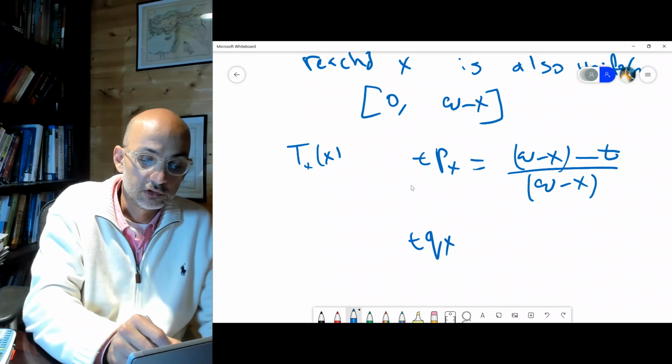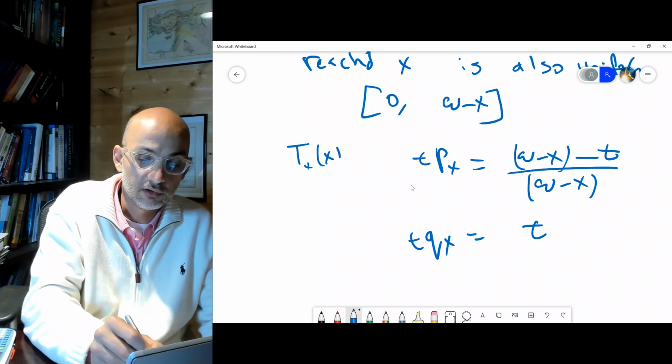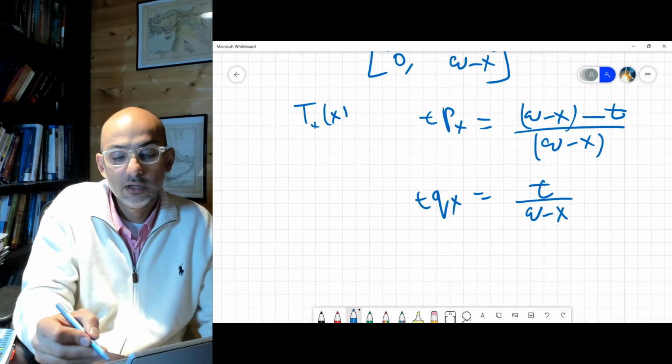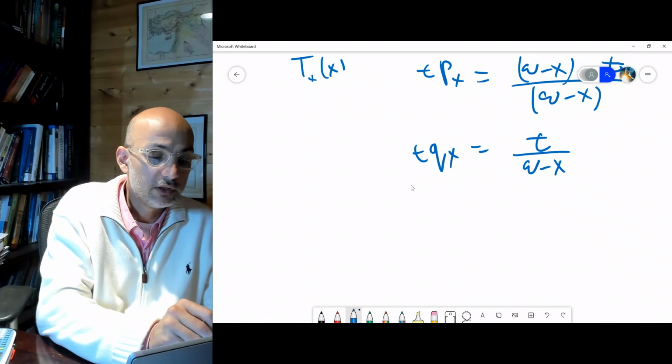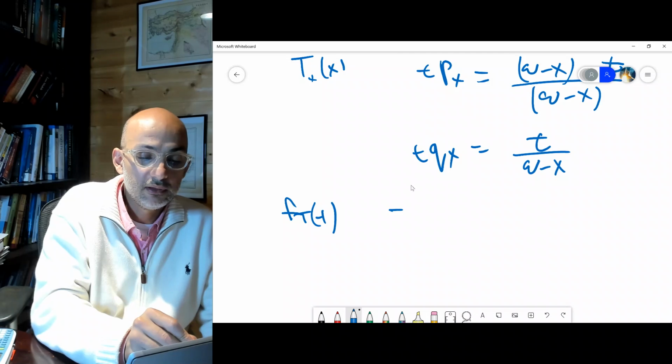TQX, which is 1 minus TPX, is t divided by omega minus x. So we can quickly solve questions. And what about f of t? For uniform, it is simple: 1 over omega minus x.